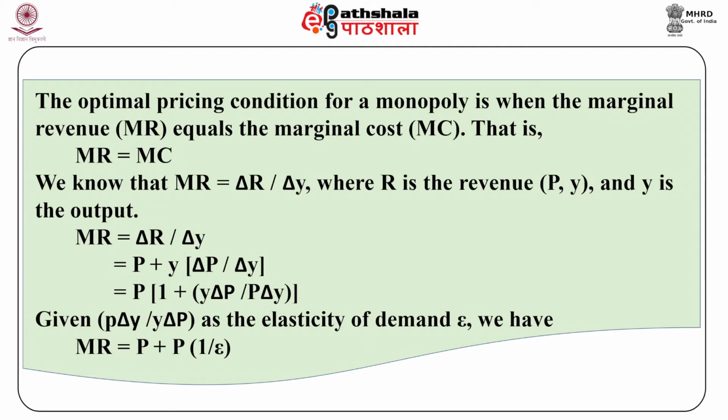Now, MR is equal to delta R upon delta Y, that is equal to P plus Y into delta P upon delta Y, which is equal to P into 1 plus Y times delta P divided by P times delta Y. Now, given that P delta Y upon Y delta P is the elasticity of demand sigma, we have MR is equal to P plus P into 1 upon sigma.